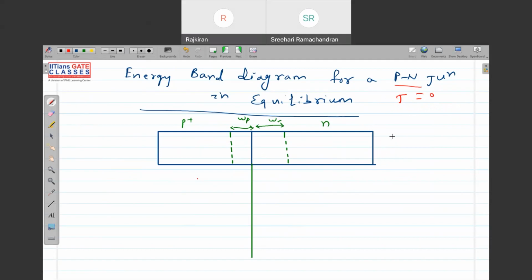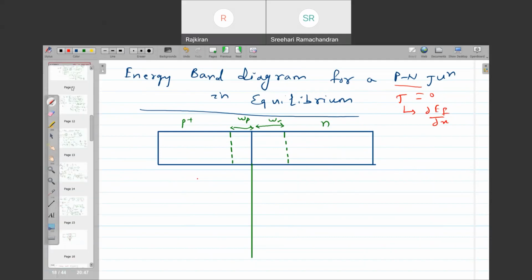We know the current is proportional to dF by dx. That is what I derived. You remember? Derived, sir.